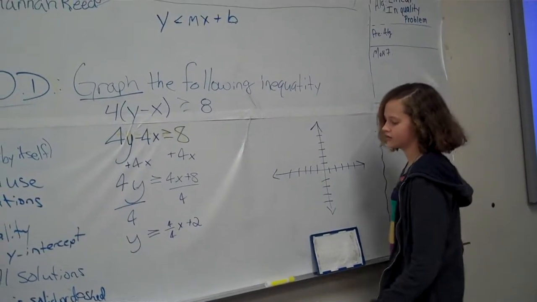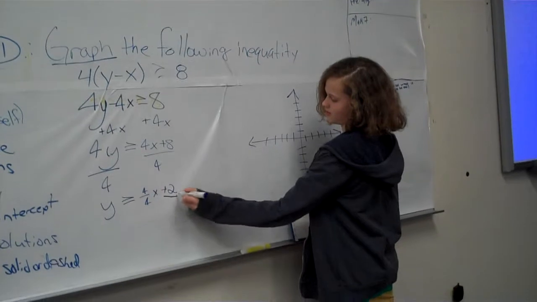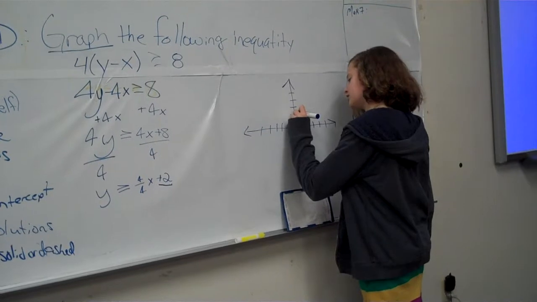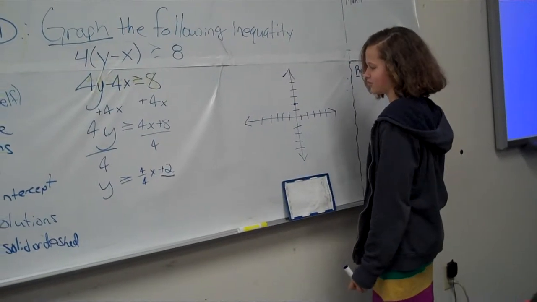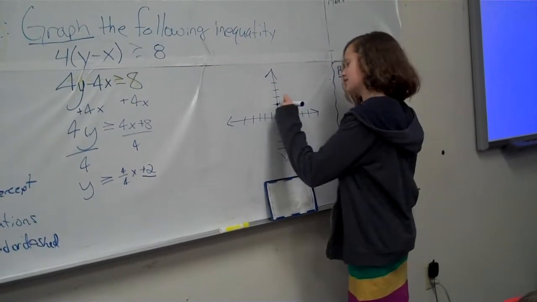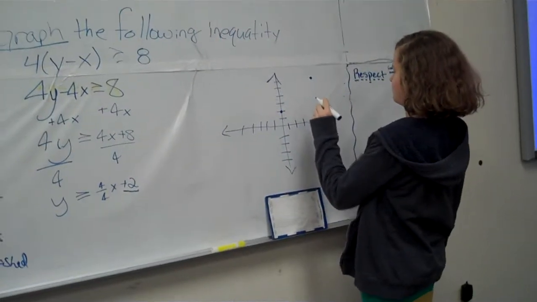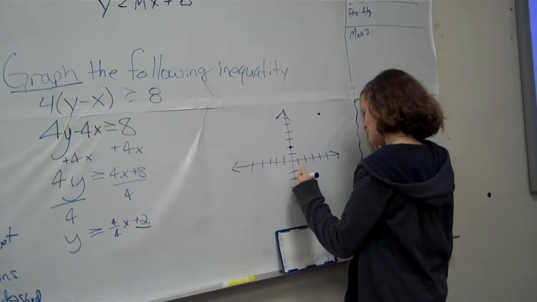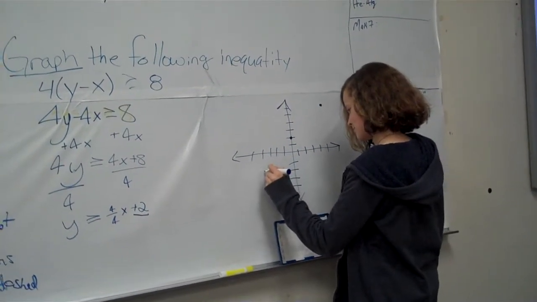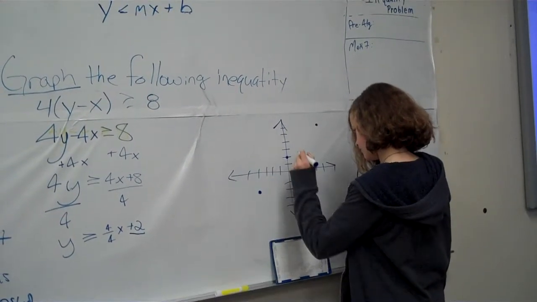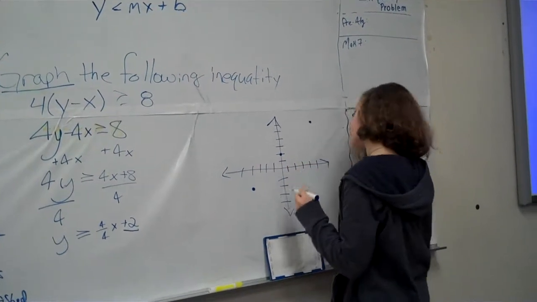Okay, so you take the initial value, start there, then use the rise over run. Close enough. Okay. That's good.